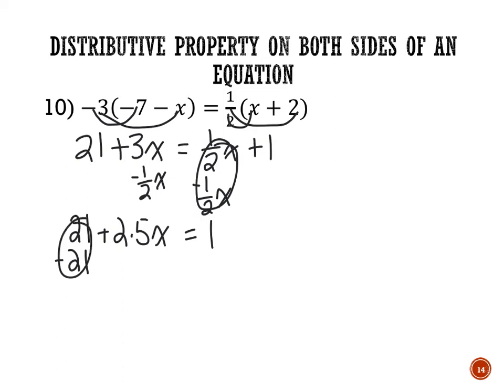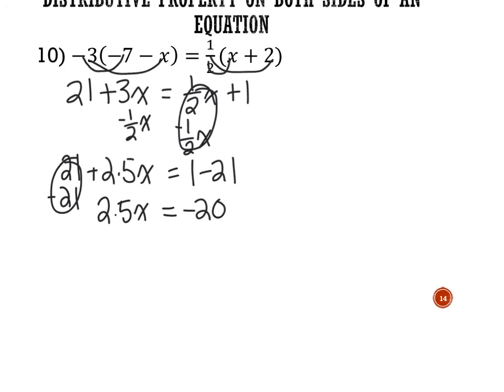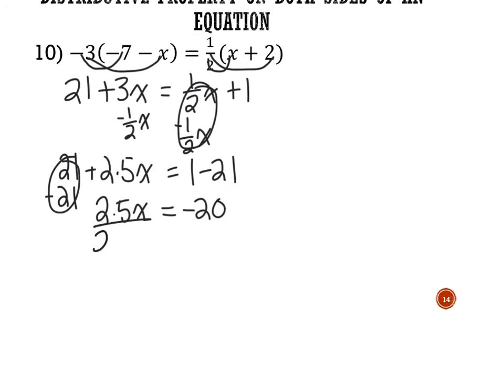So 21 minus 21 gives me 0. Minus 21 here. So 2.5x equals 1 minus 21 equals negative 20. Divide both sides by 2.5. 2.5 divided by 2.5 gives me 1. Negative 20 divided by 2.5 gives me negative 8. So x equals negative 8.